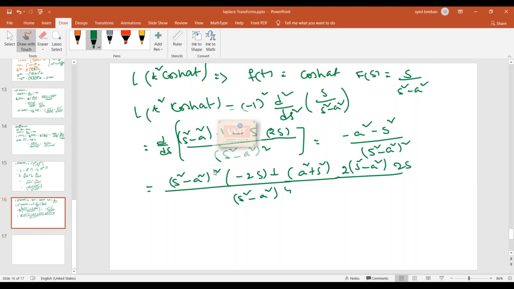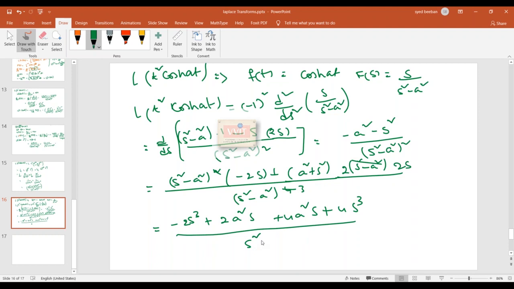One time and one time get cancelled, so it will be 3, which equals s square minus s square, so we'll be getting minus 4s minus 2s cube, minus 2s cube here, plus 2a square s, and here plus 2 2s are 4, 4a square s plus 4s cube divided by the denominator s square minus a square whole cube.